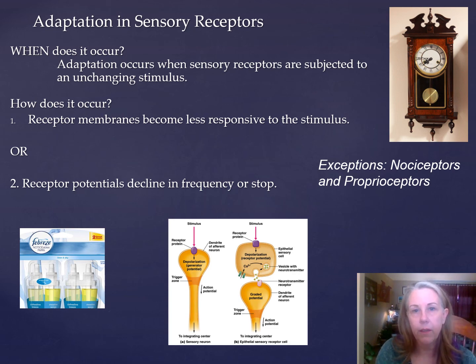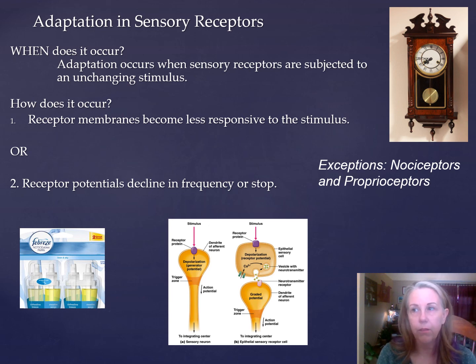Now, what if that didn't happen? What if they adapted? What if they underwent adaptation and only sent impulses when you were moving? That would be kind of different for us. Or what if they just adapted to your moving? So if you're walking along and you suddenly have no perception of where that leg is. All right, so that's not going to work.